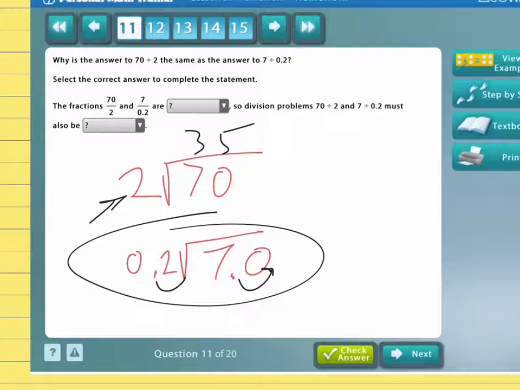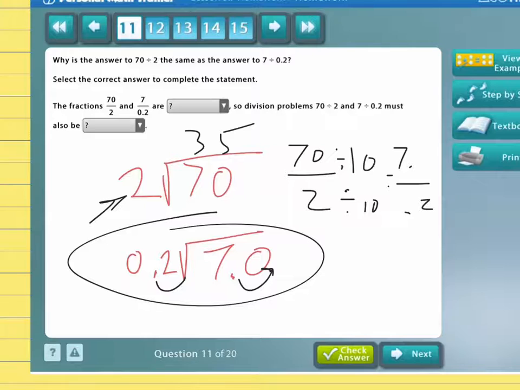It's just making equivalent fractions. You're basically dividing 70 and 2 both by 1/10, and that will equal 0.7 over 0.2. So it's equivalent fractions.